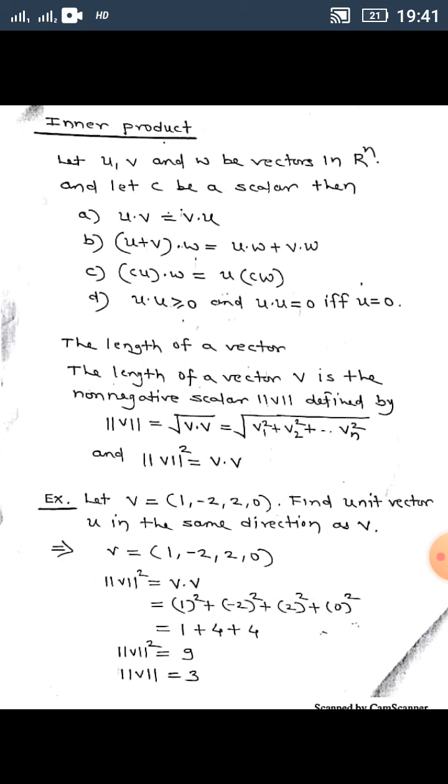So 1 plus 4 plus 4 is 9. So norm of v square is equal to 9. Now we take the square root, since we want norm of v. So norm of v is 3. For any magnitude, we calculate the squares of the elements, add them and take the square root. That will be your norm. So norm v here is 3.